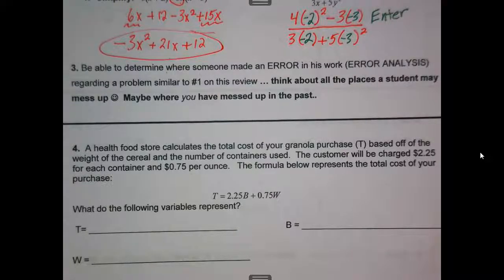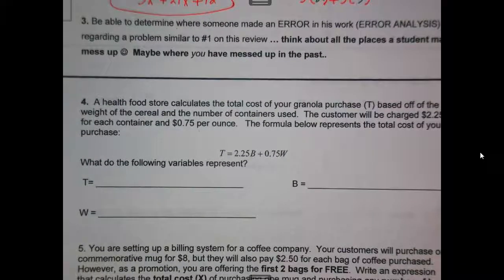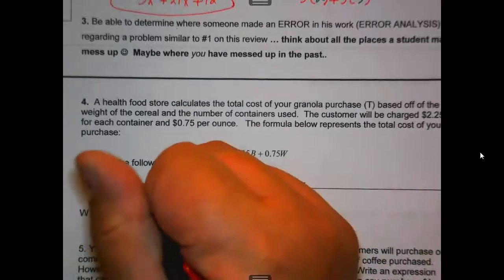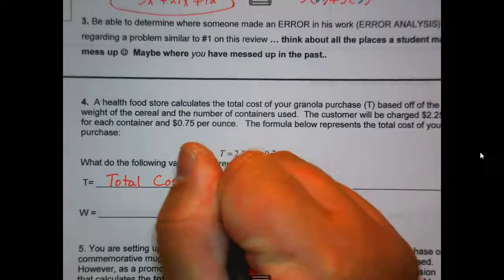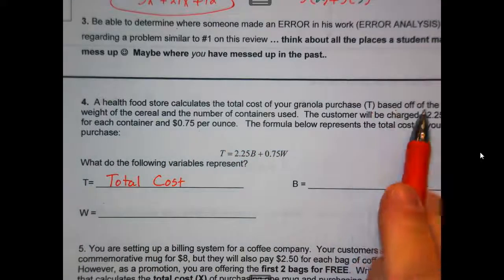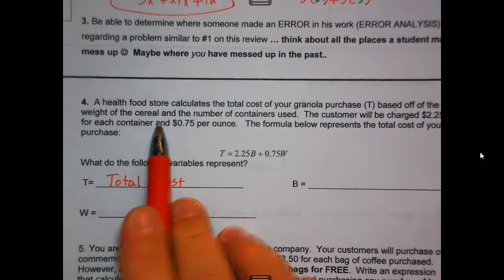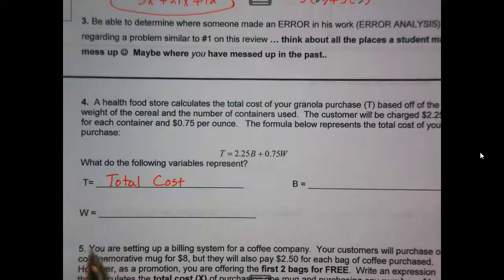All right, number 4. A health store calculates cost of your granola purchase T. So that's the total cost, right? Total cost T based off the weight of the cereal. So W is the weight of the cereal.